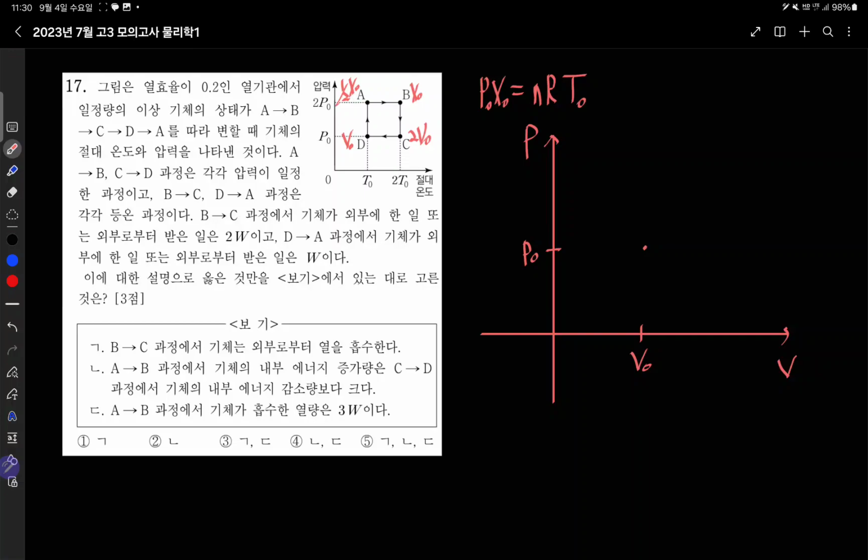And in state A, when pressure doubles, volume is half.